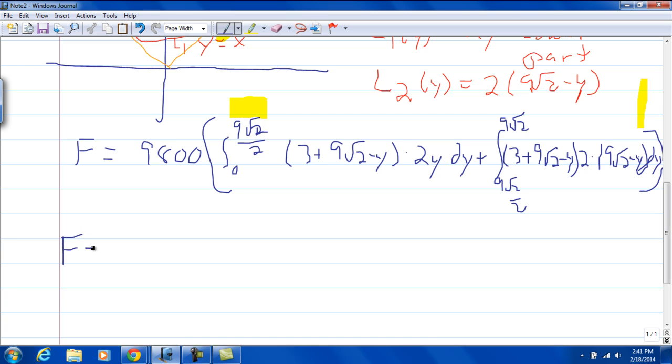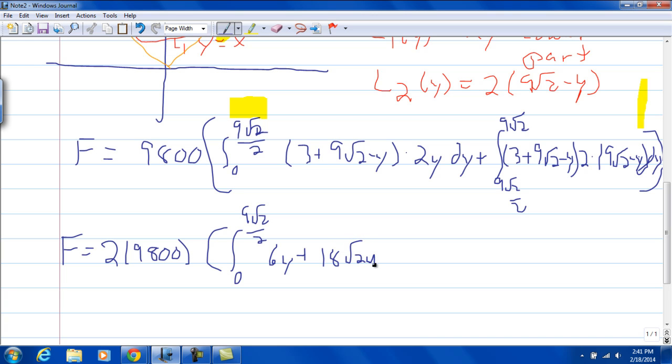So our force is going to be 9,800. I'm going to bring the 2 out: 2 times 9,800 times the integral from 0 to 9 root 2 over 2. If I bring this 2y through, I'll have 6y plus 18 root 2 y minus 2y squared.